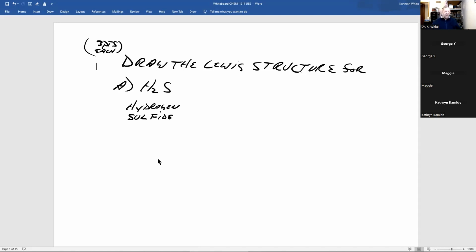And the question is, draw the Lewis structure for hydrogen sulfide.